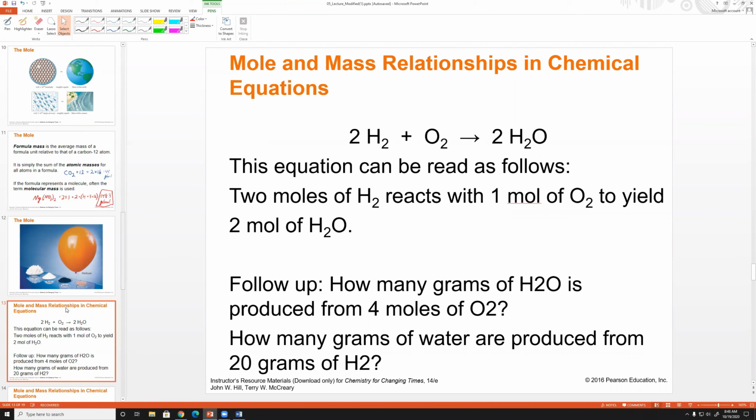So the way we can read a chemical equation, going back to the one we talked about before, is we can say not only that two molecules of H2 react with one molecule of O2 to create two H2O, we can say that 2 moles of H2 plus 1 mole of O2 reacts to produce 2 moles of H2O. So that's this sentence right here. Very important.